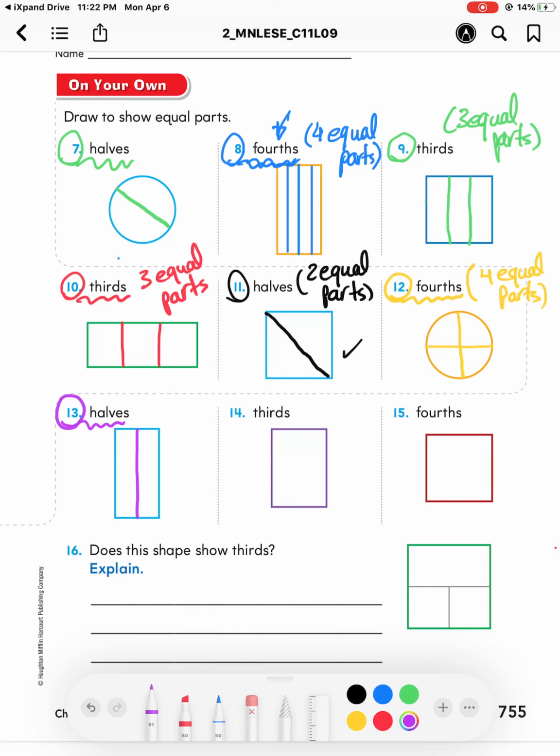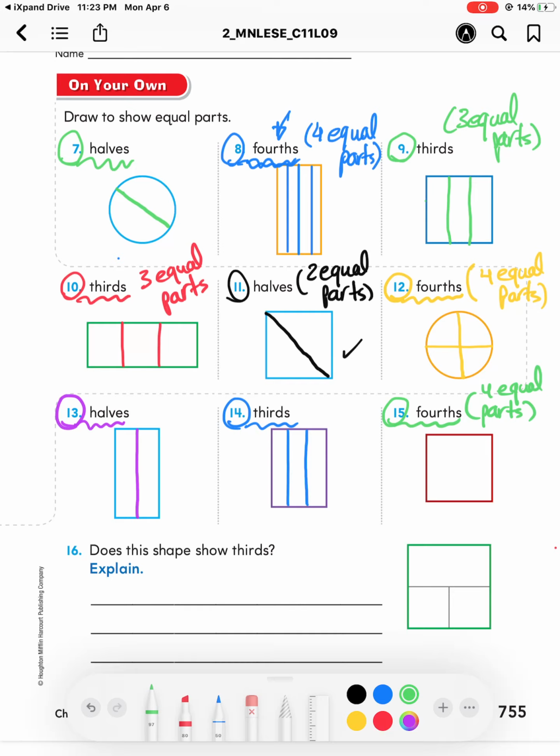Now in question number 14, thirds, which means 3 equal parts. So we can do it like this, 1, 2, 3, or we can do it like this, 1, 2, 3, okay? Okay, now let's move to question number 15, fourths, which means how many equal parts? 4 equal parts. Amazing.